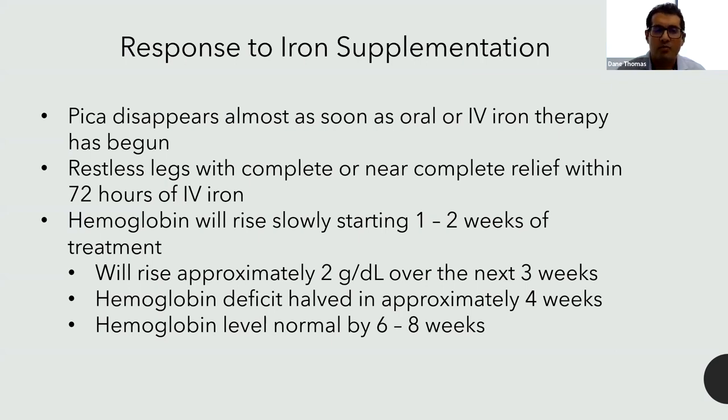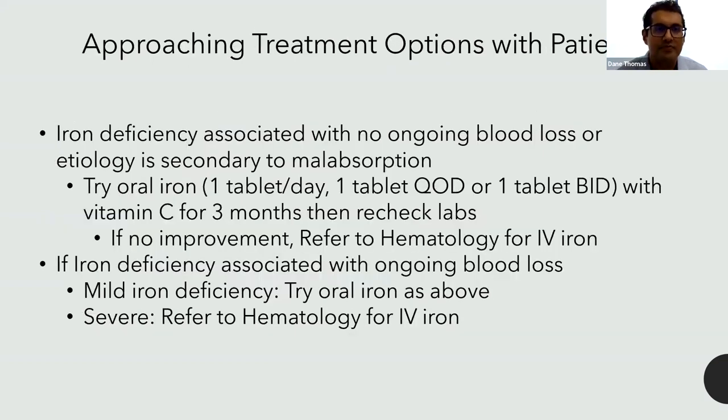The patient's hemoglobin will rise slowly, keyword slowly, starting 1 or 2 weeks into treatment. The hemoglobin will rise approximately 2 grams per deciliter over the next 3 weeks. The hemoglobin deficit typically is halved in approximately 4 weeks. And then the hemoglobin level will normalize by 6 to 8 weeks, or longer in some patients.